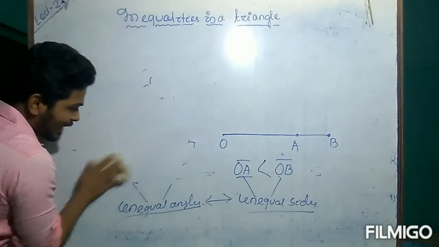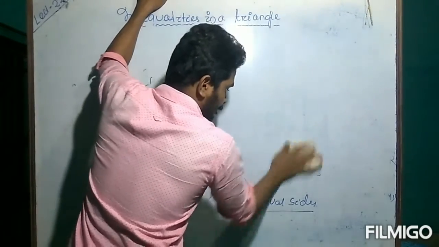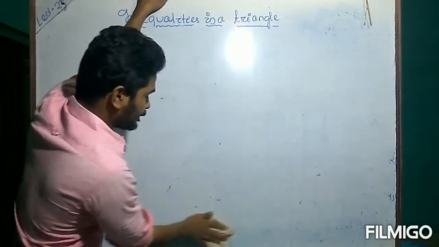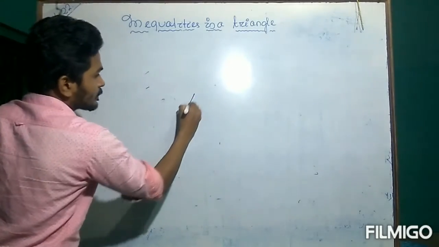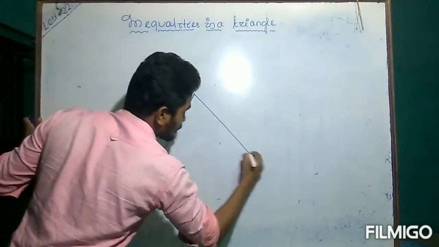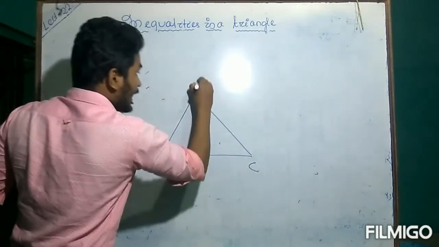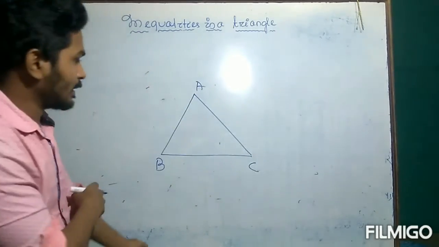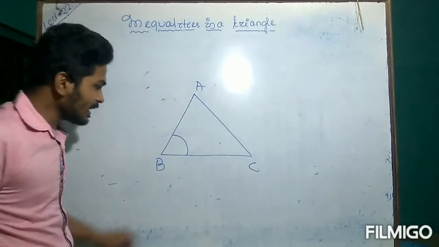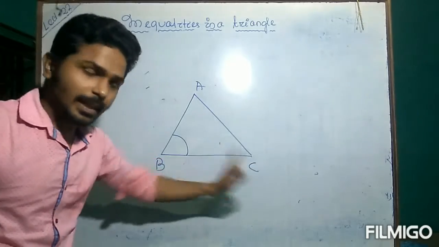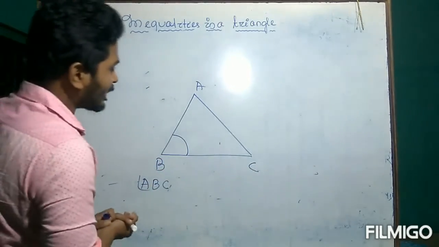For this we have to draw a triangle first. Let us take a triangle here, triangle ABC. It is a triangle, right? Now let us find this angle, angle ABC. Let us write it. Now do one thing.